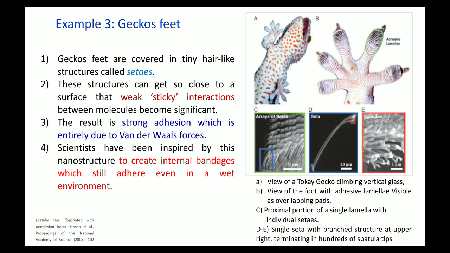Even in that case, this gecko can easily climb in a vertical direction. So scientists think, what is so special about its feet? How is it possible for a gecko to climb in a vertical direction on a surface which is as smooth as glass?